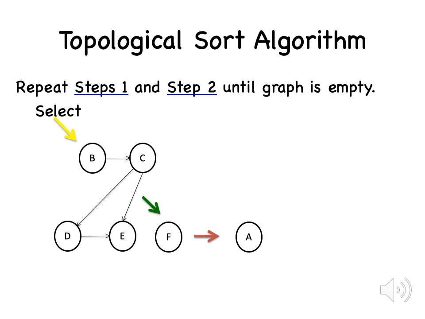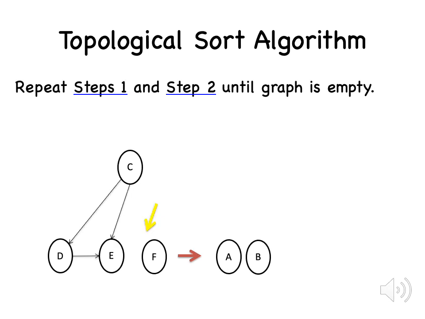So the first step is to select a vertex which has in degree 0: B or F. First we complete B. When you take B into the output, the outgoing edge from B to C has to be discarded. Now C is another vertex with in degree 0, and F is also there.